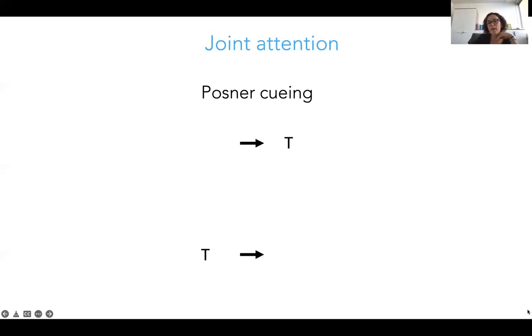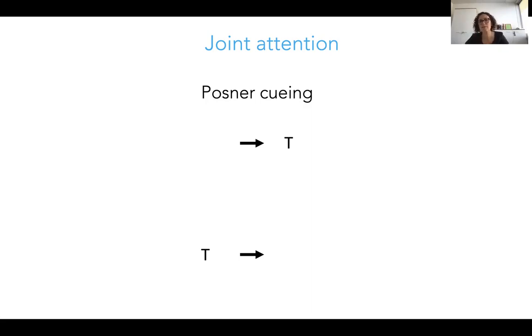And if this opposite location happens, then we assume that since attention was located where the arrow is pointing, shifting attention to the opposite location takes time. And that time is actually what we measure in reaction times to the target. So participants are usually asked to discriminate a target or localize a target. And in the validly cued condition, they would be faster as compared to invalidly cued.